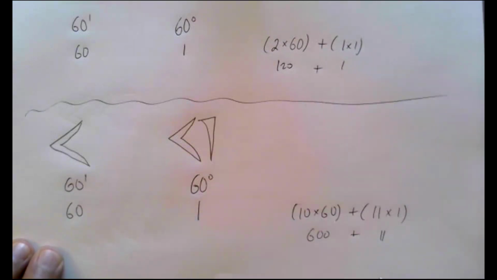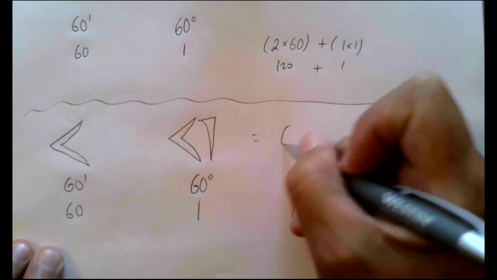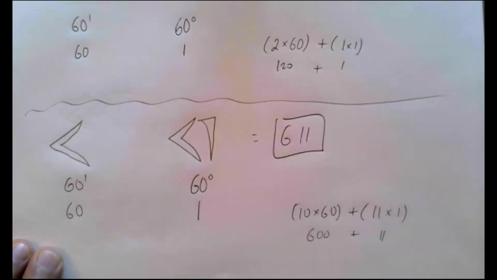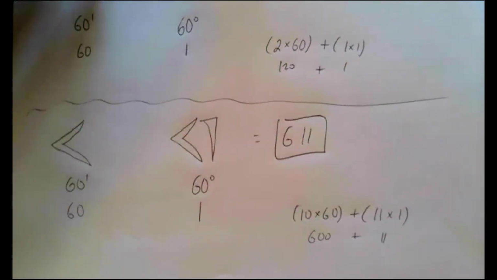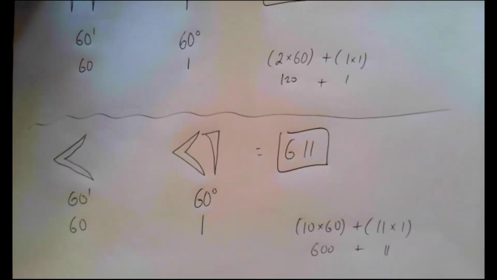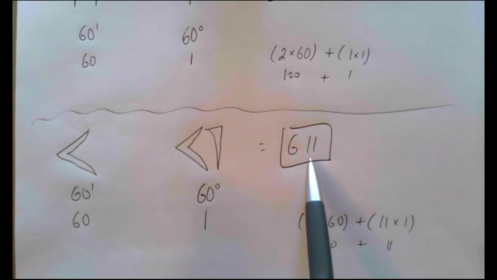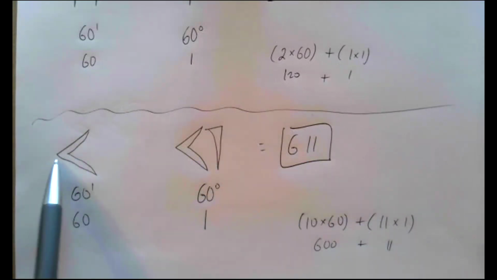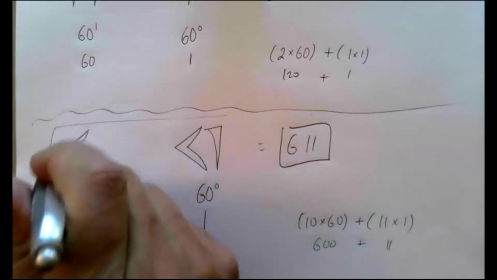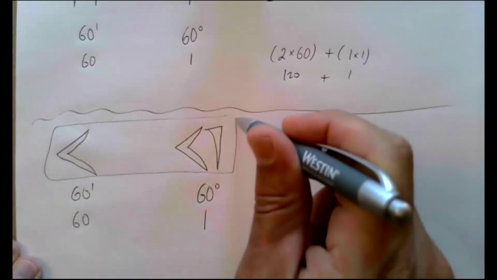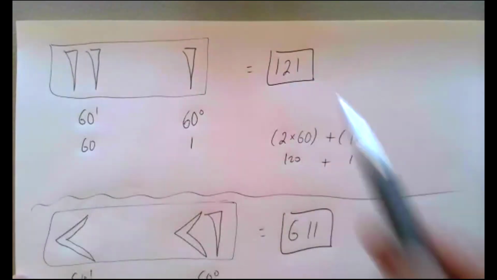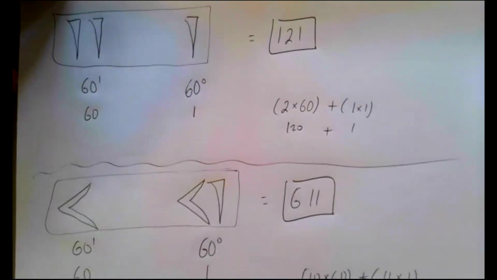That's why we're about to say 611. Right? My answer for this is 611. So the way that the Babylonians would write what we would call 611, they would write it like this. Okay, so this number here is equivalent to 611, just like this number here is equivalent to what we would call 121.